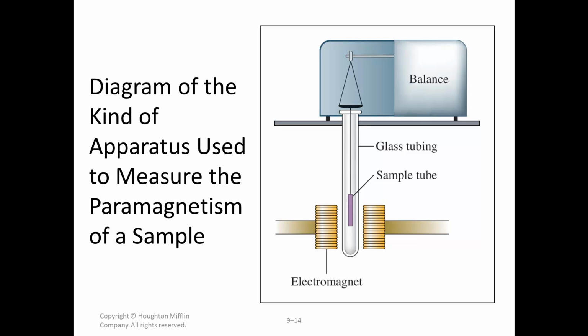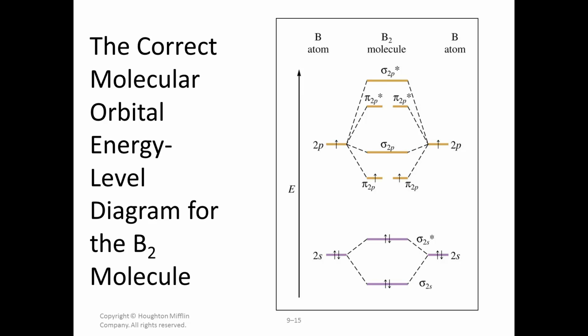We see that boron is paramagnetic, and the previous energy diagram does not account for that. Sometimes what we see is sp mixing, which lowers the energy of a pi 2p orbital. This allows us to give unpaired electrons to the molecular orbitals of boron and account for its paramagnetic property.